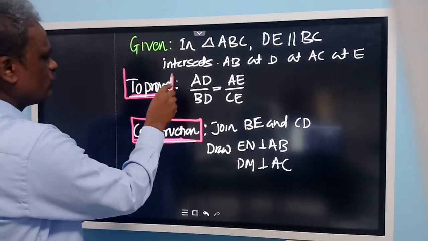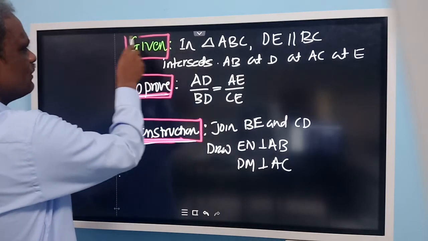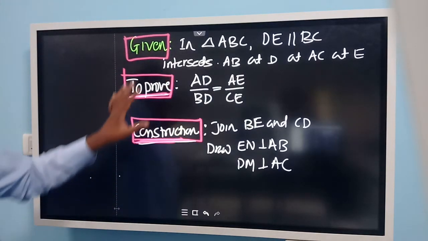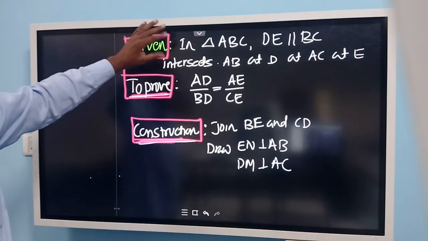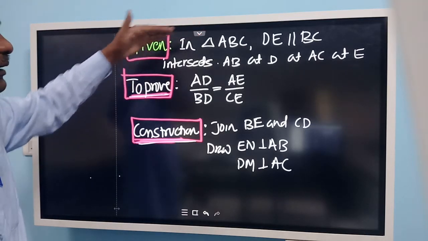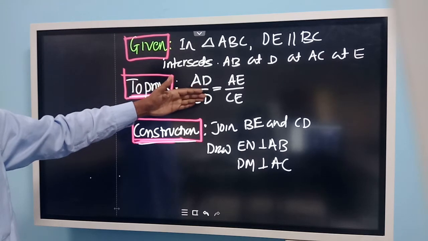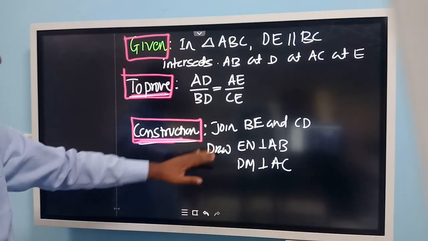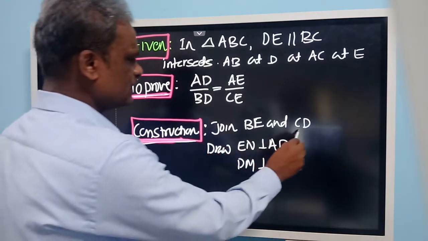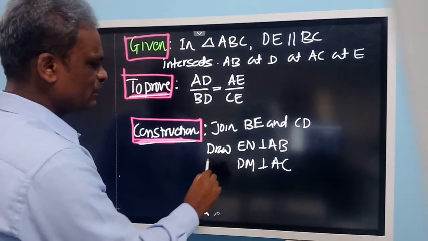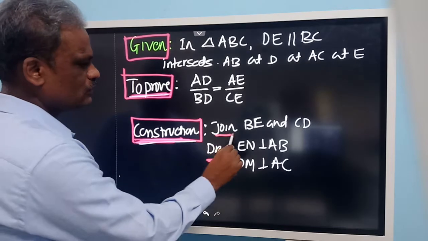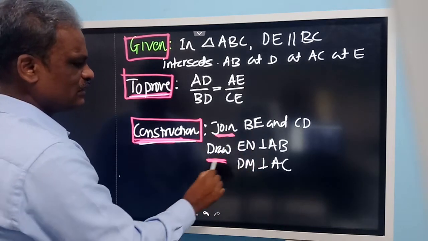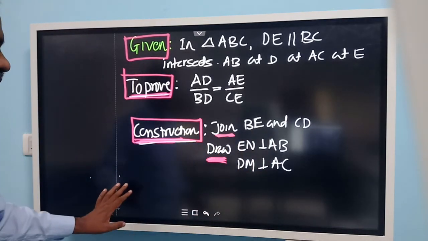This is what we have to prove, and this is what is given. So these are all written with reference to the diagram only. Given is the hypothesis of the statement, and to prove is the conclusion, what we have to prove. To prove this, we need additional construction that we have done here. We have joined BE and CD and drawn two perpendiculars.